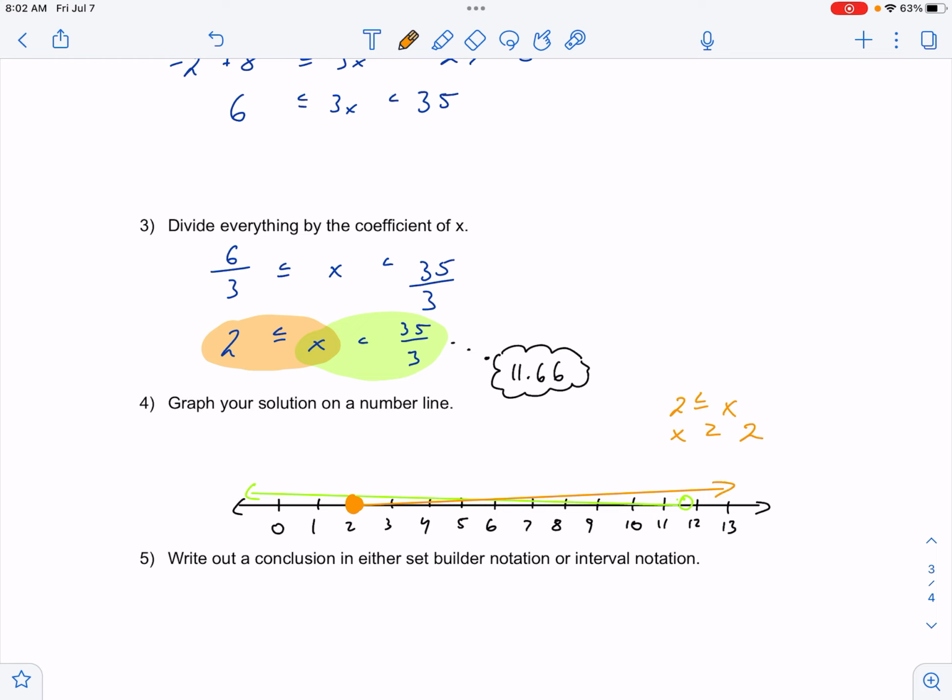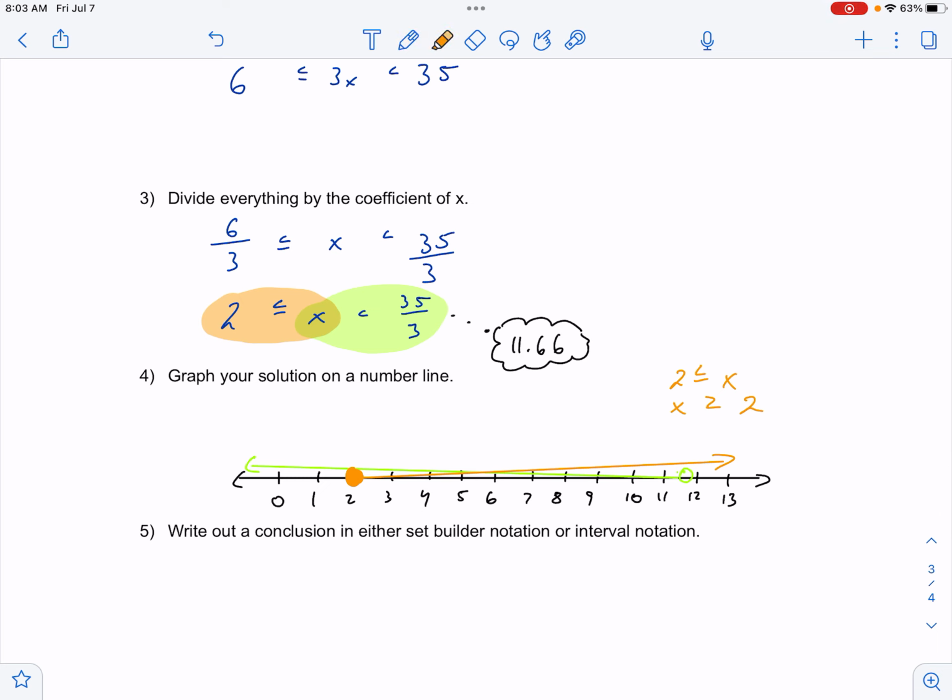Where do these overlap? That's the question. We need to find a solution that has both. And so these overlap between 2 and 35 over 3. To write this in set builder notation, actually I'm going to do set notation.